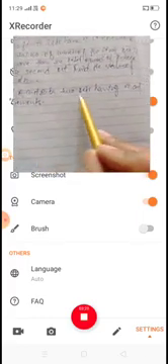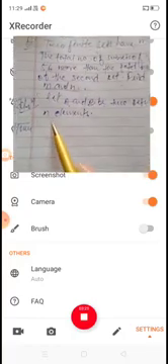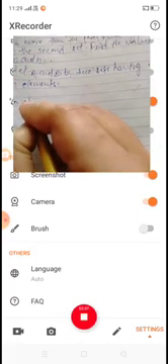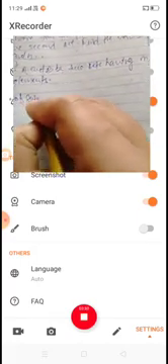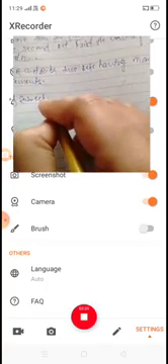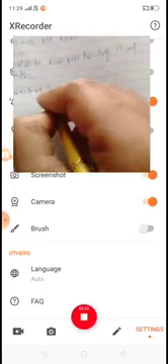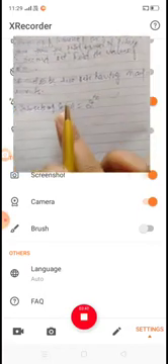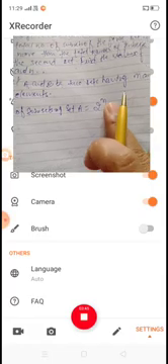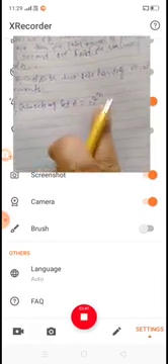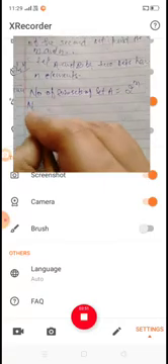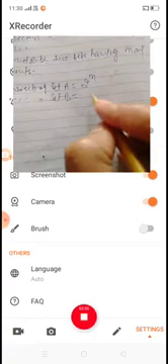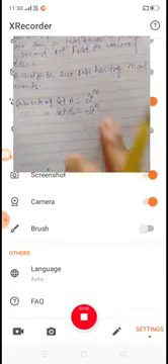So the number of subsets of set A is 2 to the power m, because set A has m elements. Similarly, the number of subsets of set B is 2 to the power n.